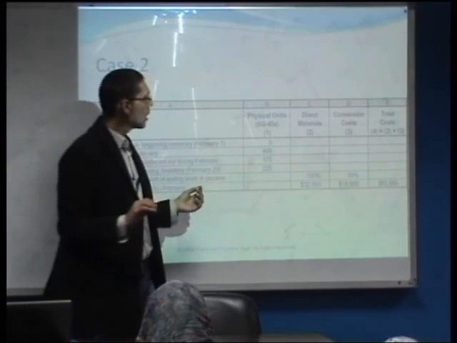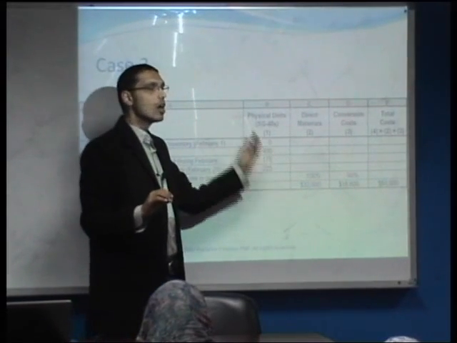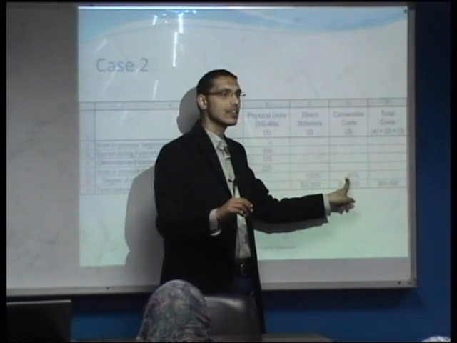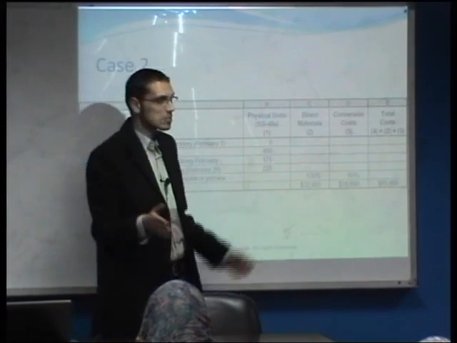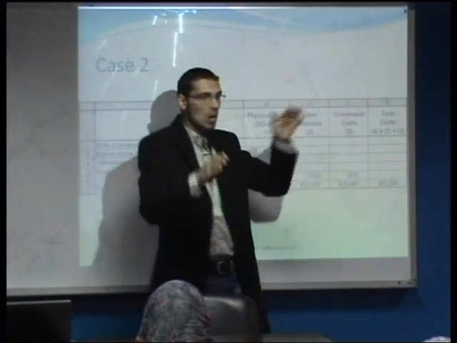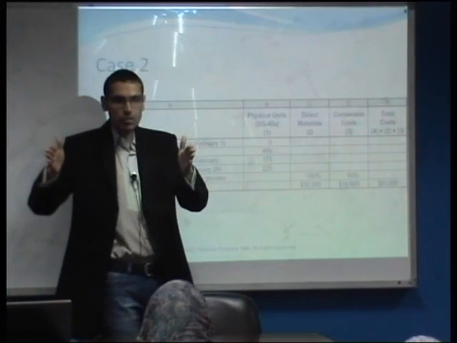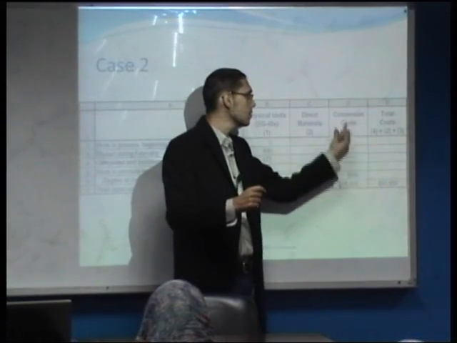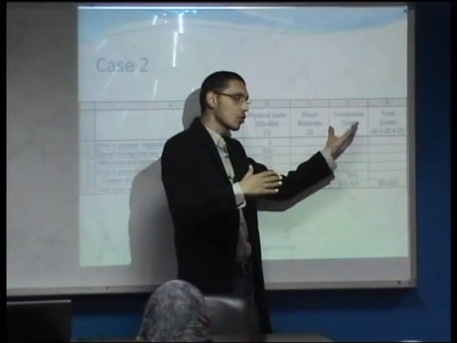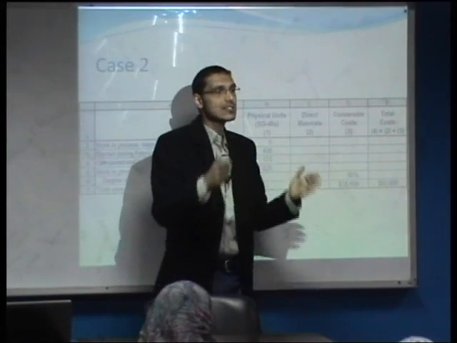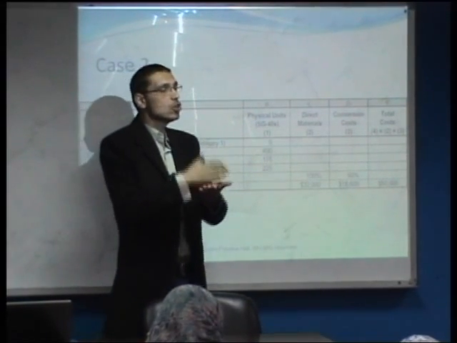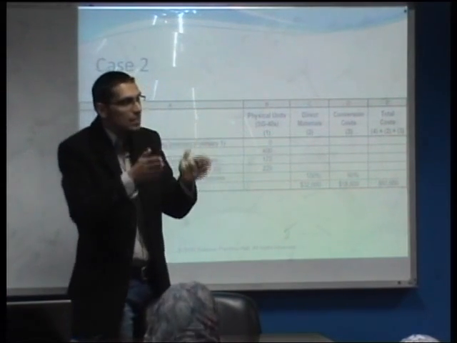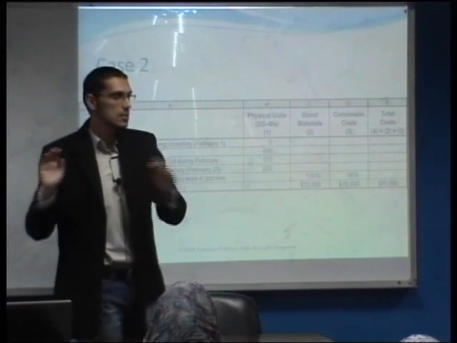While the 225 units have stopped at the level of completion of 60%. Why 60%? Because we said that the conversion costs are added evenly throughout the manufacturing process. Therefore, if they took 60% of the conversion costs, that means they reached a percentage of completion of 60%.